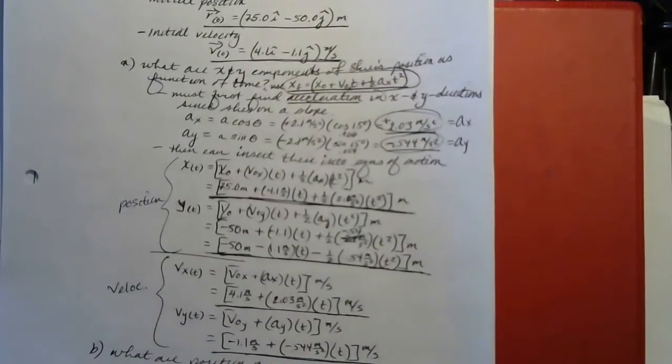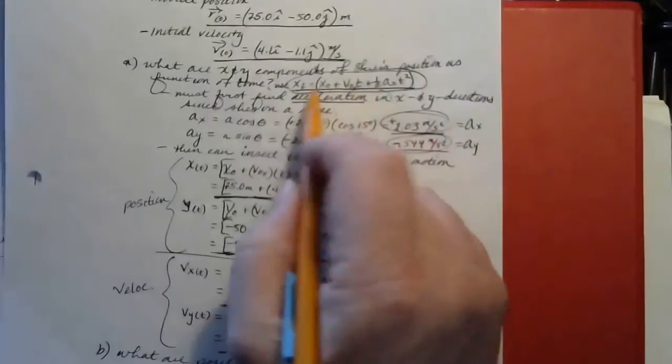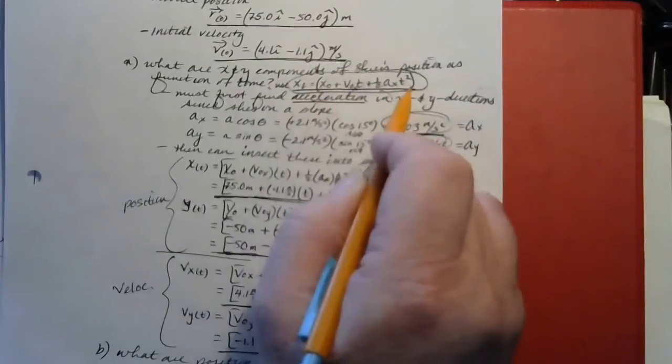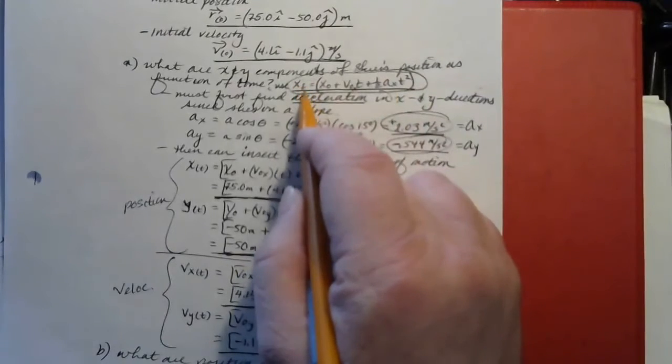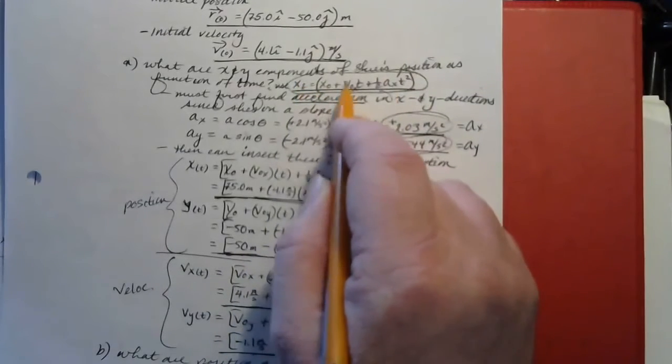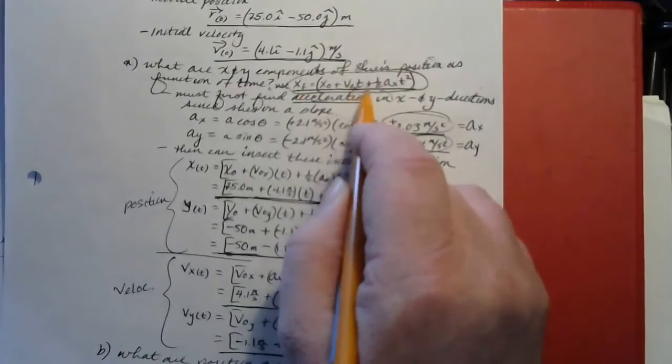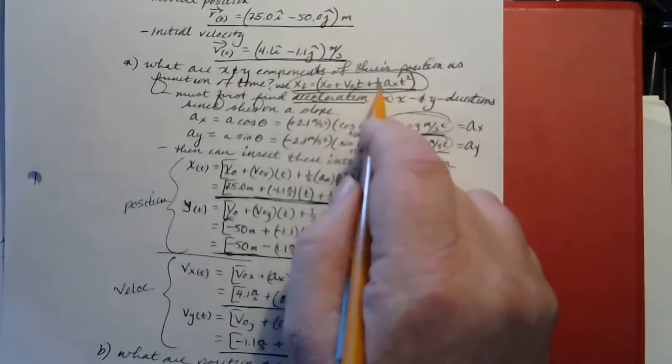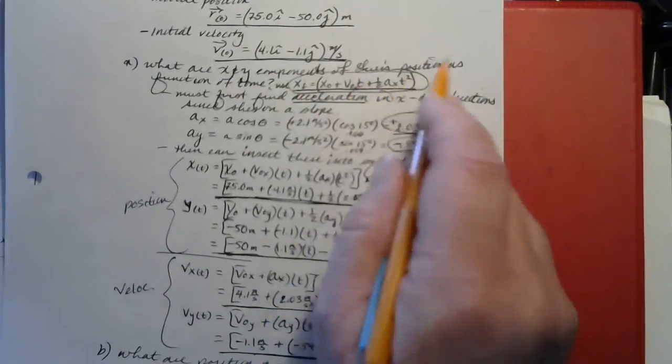And then we'll use the analogous equation for the y direction, in which all of the x's are replaced by y's. So that would be y final equals y original plus v original in the y direction times time plus 1/2 a y t squared.